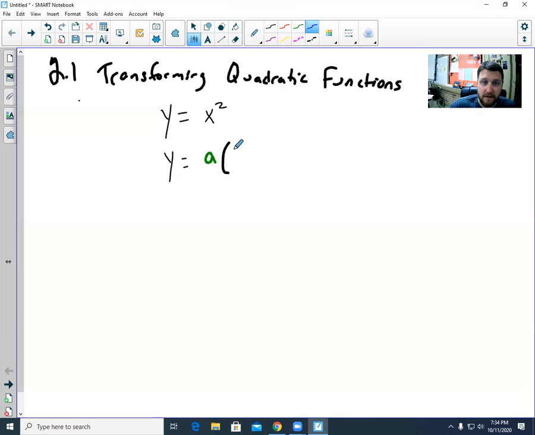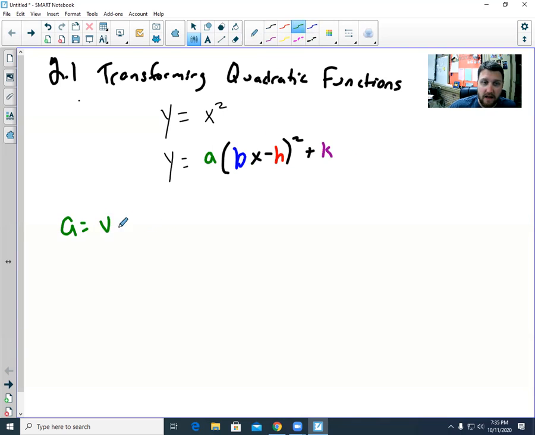Let me rewrite this. y equals a times b times x minus h squared, and then we have plus k. So those are all the things that we talked about. We have the number out front that's doing something, and we have these numbers inside that are doing something. So let's just go through and re-talk about all of the things that can happen.